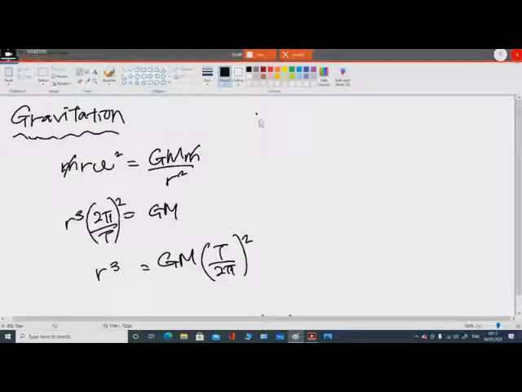Okay, r cubed is actually directly proportional to the square of the period of revolution. So what does this mean? Okay, let me show you.